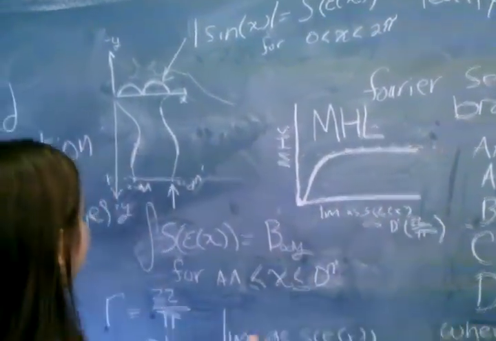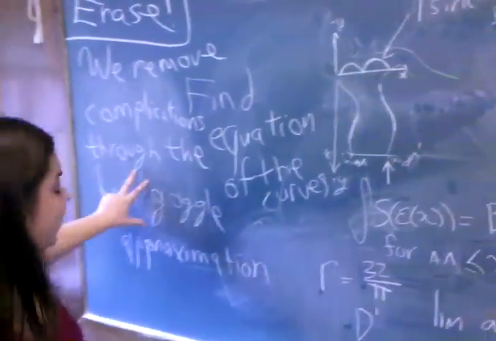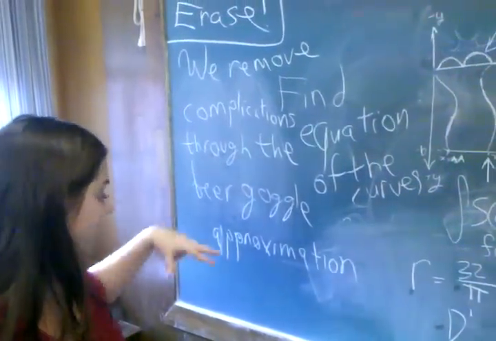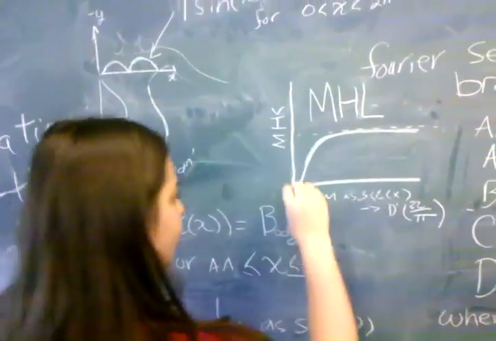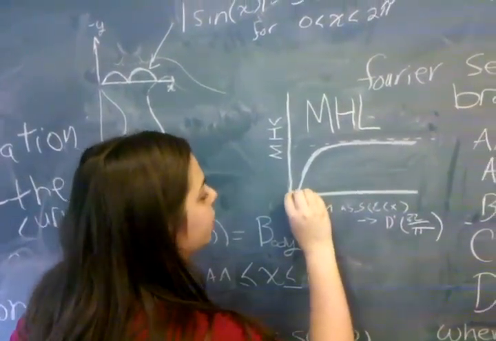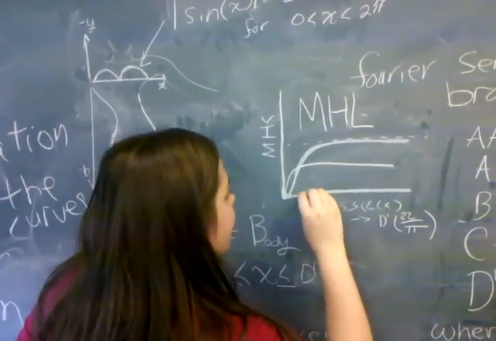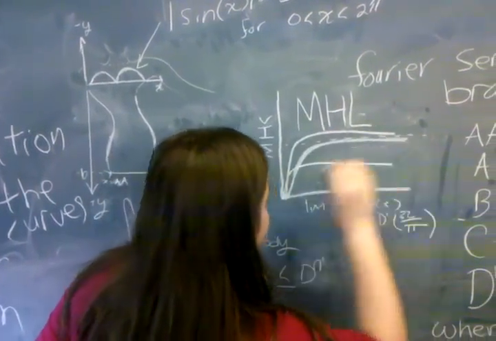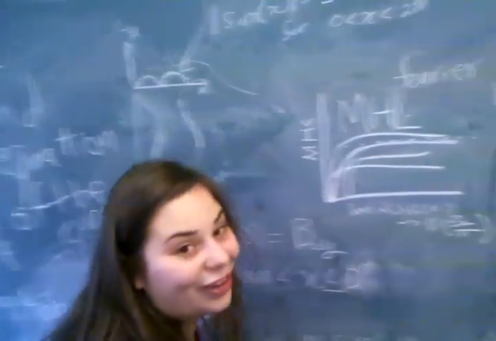Now, the problem with this is that we don't have the beer goggle. We have to put in the beer goggle approximation. So if we go into the beer goggle approximation, we will notice that the entire graph would get completely snafu'd, and we can no longer estimate the male horniness or the accuracy with great accuracy.